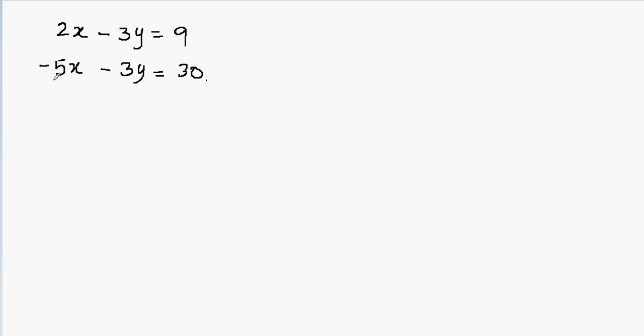So here when you subtract, you put the minus sign here since you're subtracting. If you're confused, you can check whether you can add and eliminate any of the variables. If you add these equations, this is -3y and this is -3y, so when you add them, that will give you -6y.